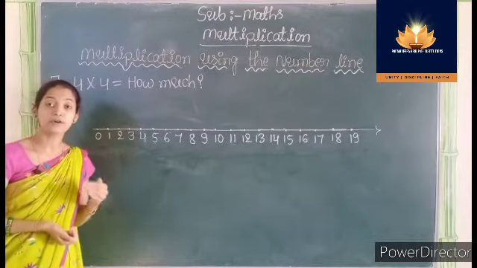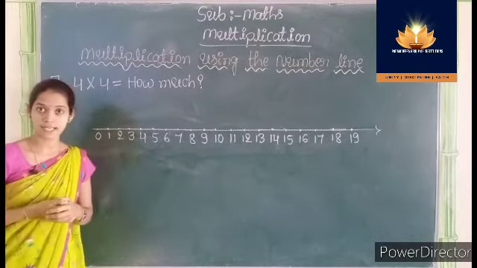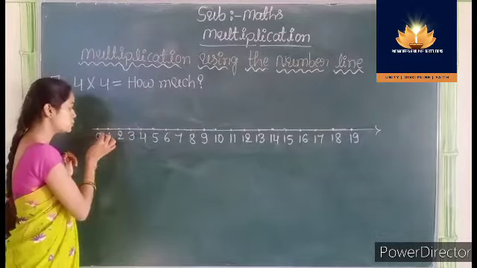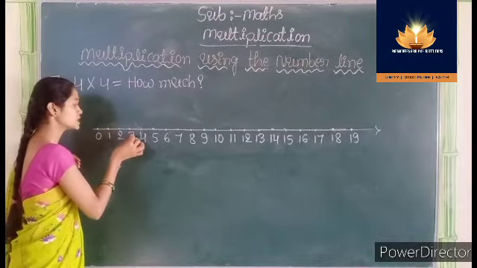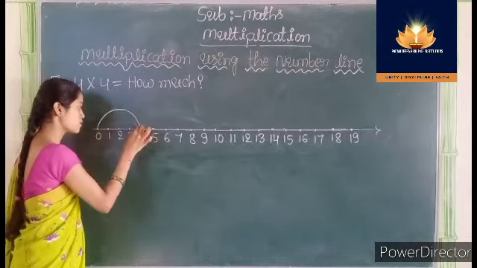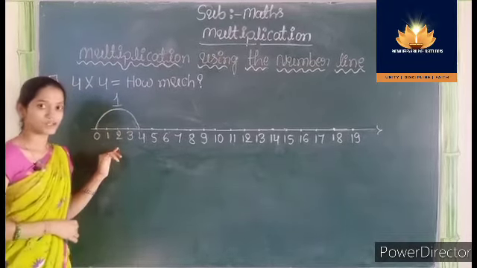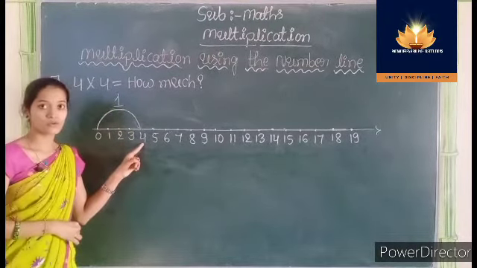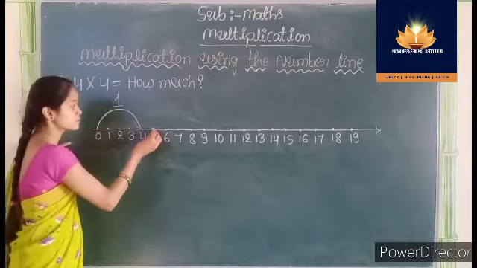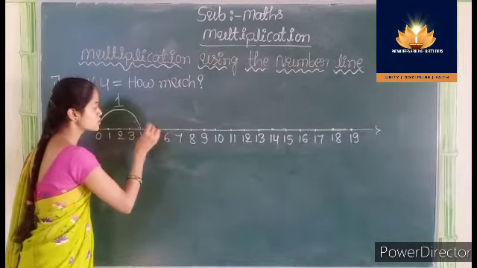In each jump we should cover 4 points or 4 stages. Okay. 0, 1, 2, 3, 4. So this is the first jump. After performing the first jump, we reached 4.